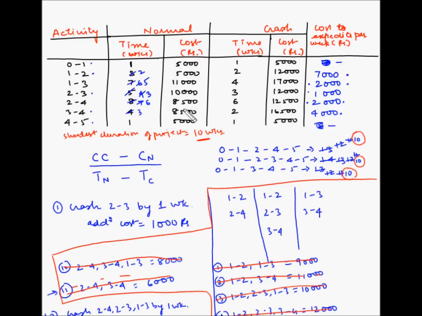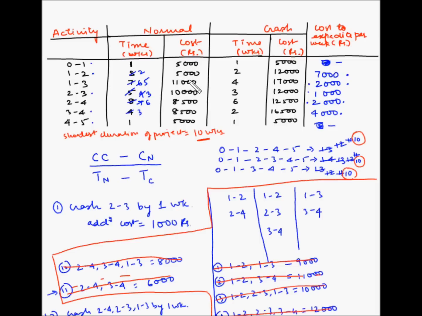So 8,500 plus 8,500, so 8,000 plus 8,000 is 16,000 plus 500 plus 500, so it is 17,000. So 17,000 plus 5,000 is 22,000, 22 plus 10 is 32, 32 plus 11 is 43, 43 plus 10, because 5 plus 5 is 10, so 43 plus 10 is 53.